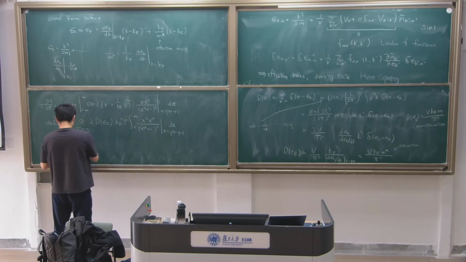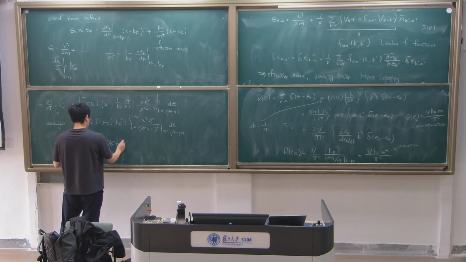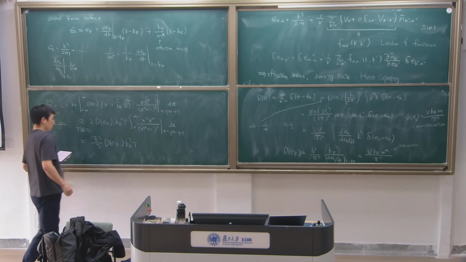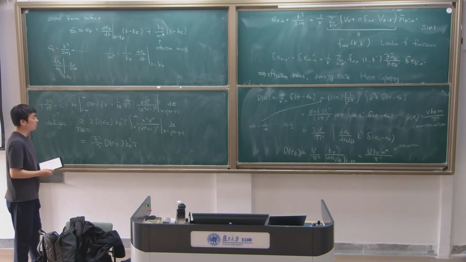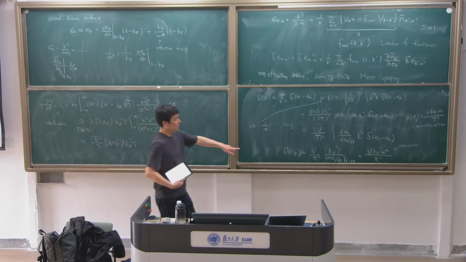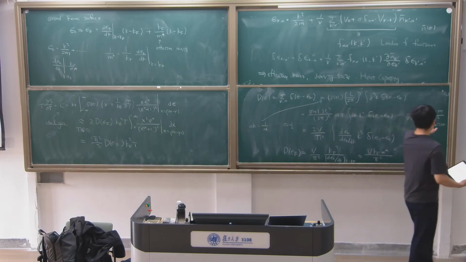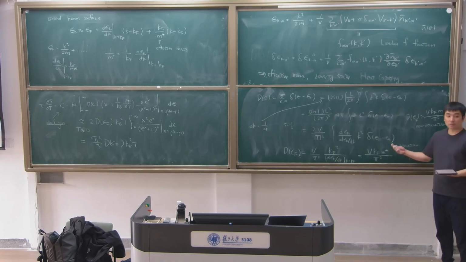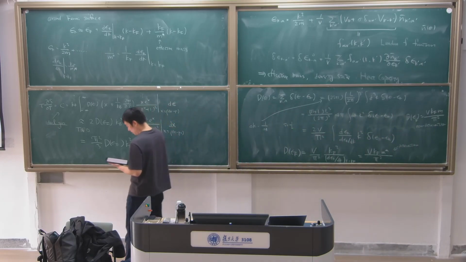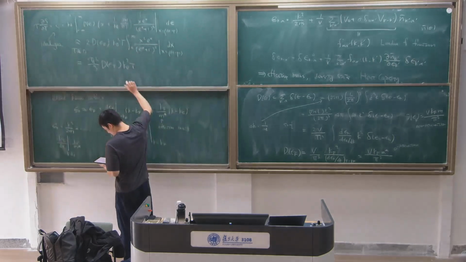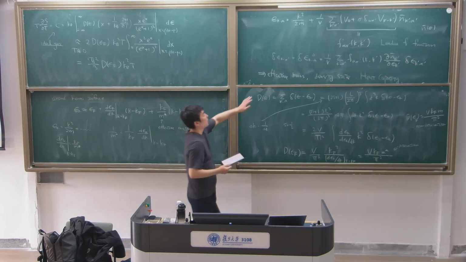And then this one is equal to mu times something like this, around... Okay, so this one we already derived, but here the difference from the ideal gas case is only that you replace the mass by the effective mass. So now let's derive this effective mass by using this one.